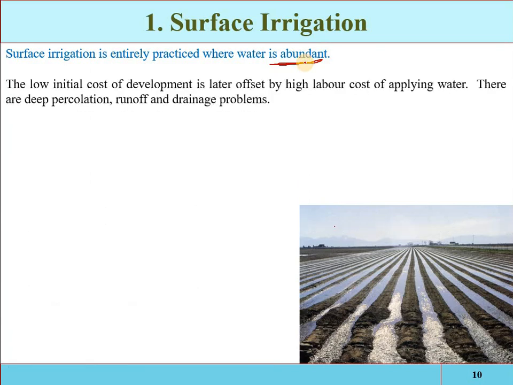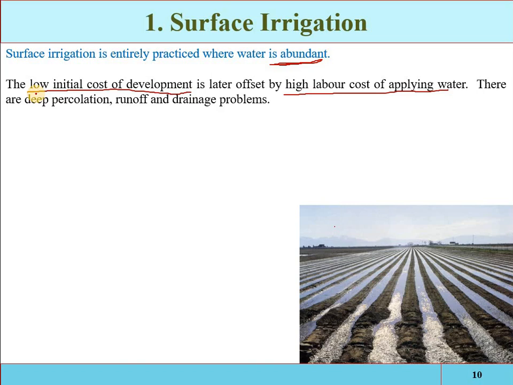The low initial cost of development is later offset by high labor cost. These are the limitations of the surface irrigation system. Yes, there is no initial or developmental cost. As in any operation, we have two types of cost: one is the developmental or initial cost, and the second is the operating cost.